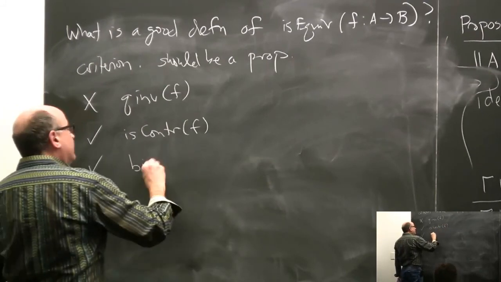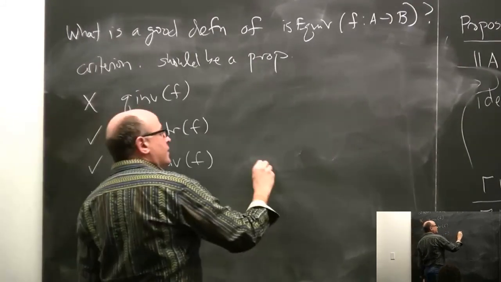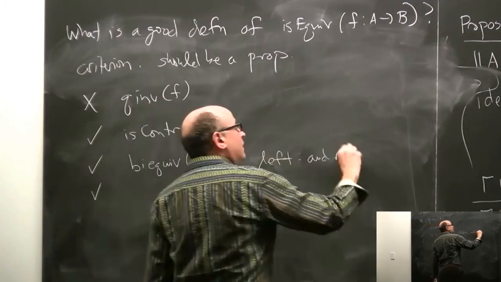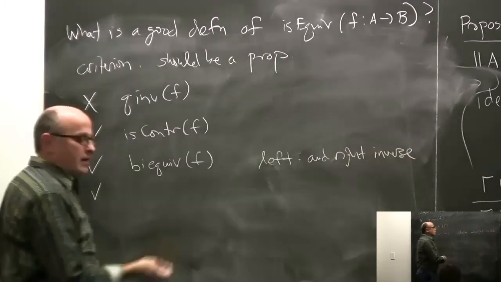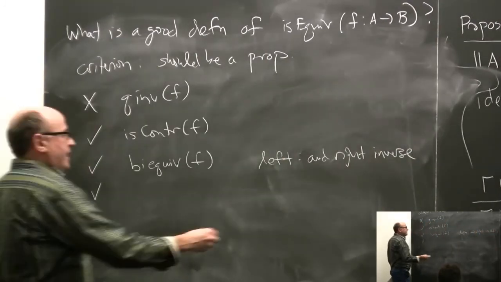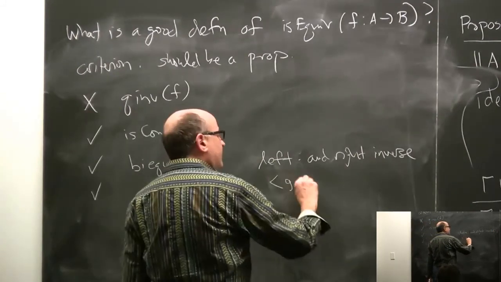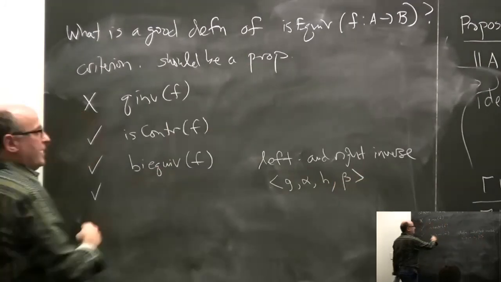There's another one called the bi-equivalence, which is the one we mentioned before, where you have a left and a right inverse, which are given separately with proofs that they are left and right inverses, so that G and an alpha and H and a beta inhabit the bi-equivalence type.